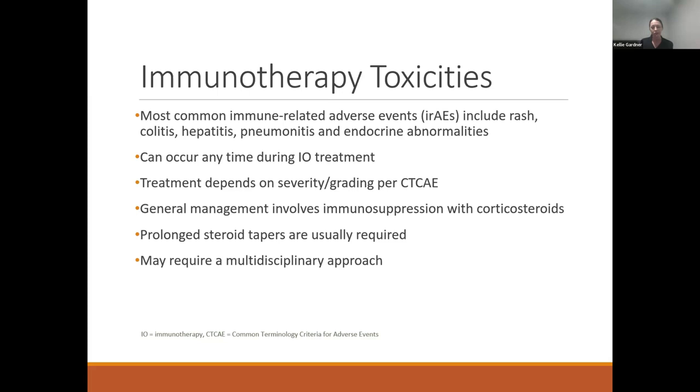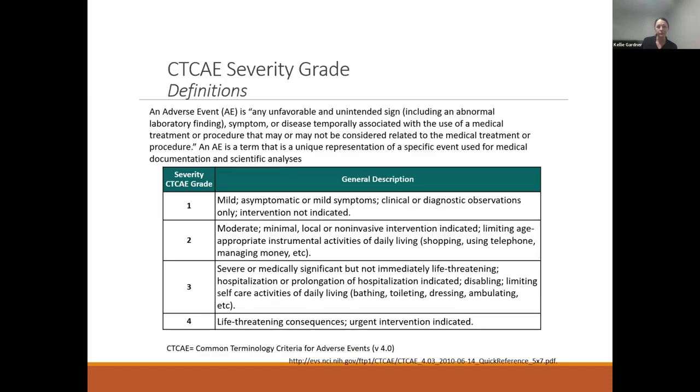Most of these side effects are reversible with steroids. They do require prolonged steroid tapers, usually over about 4 to 6 weeks, and also may require a multidisciplinary approach using other teams such as the dermatologist, the GI group, the pulmonary group. So we do consult other specialties when needed.